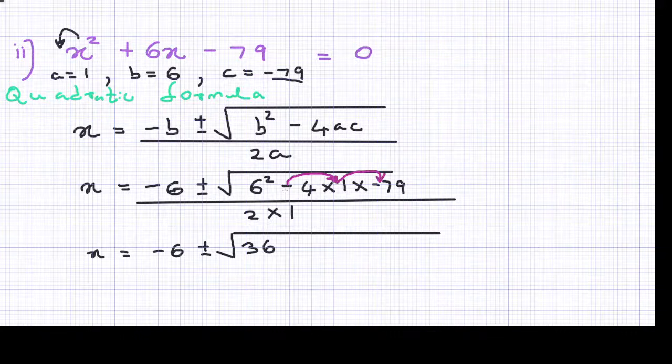It is plus 4 times 1, which is 4, and 4 into 79 is 316, since 8 times 4 is 320.